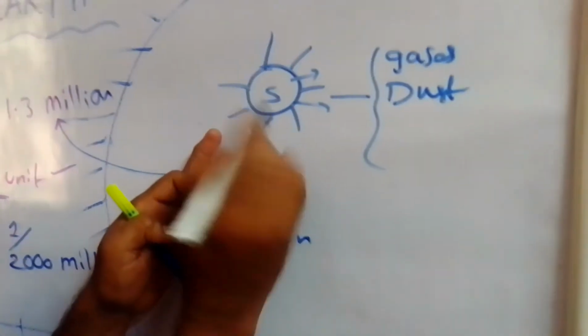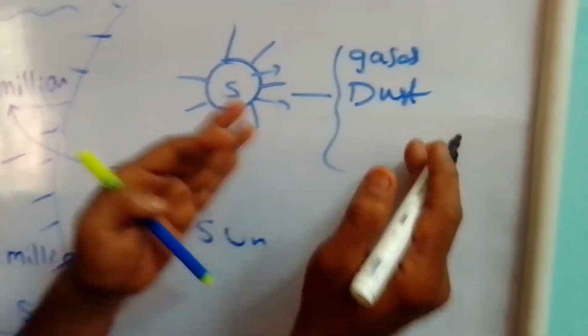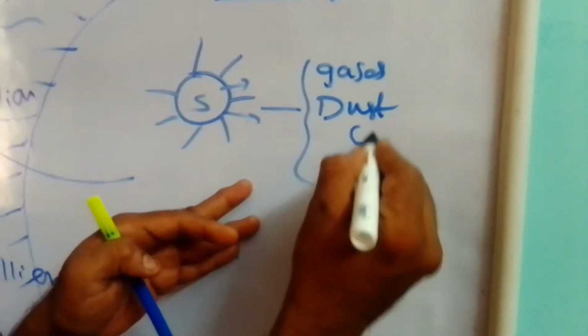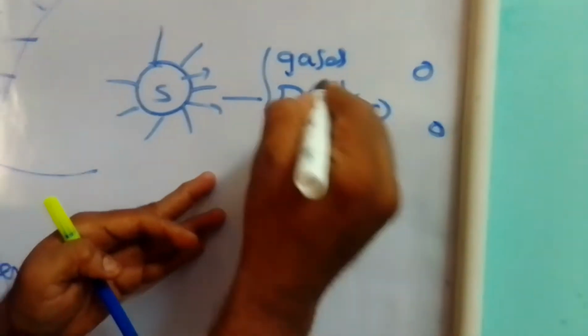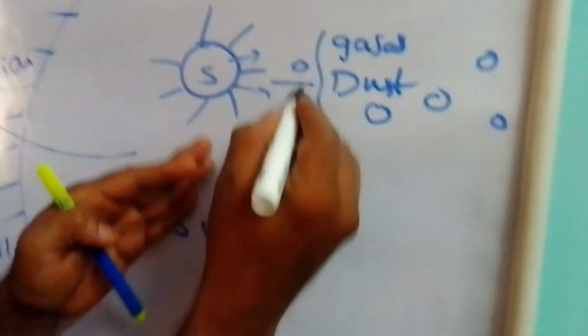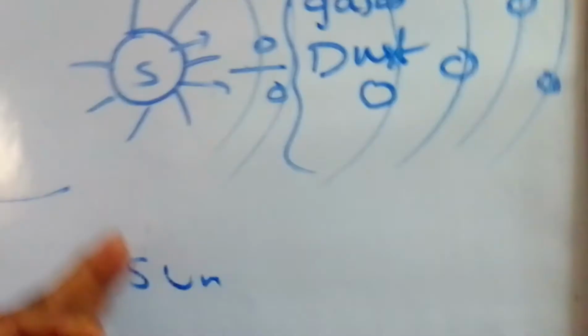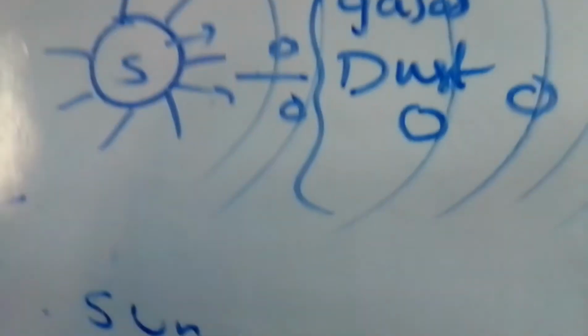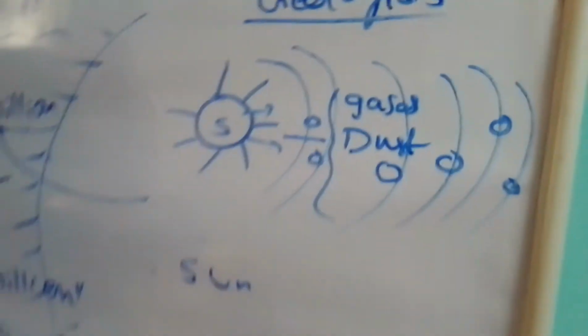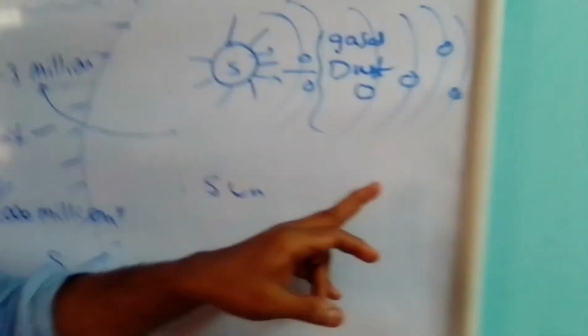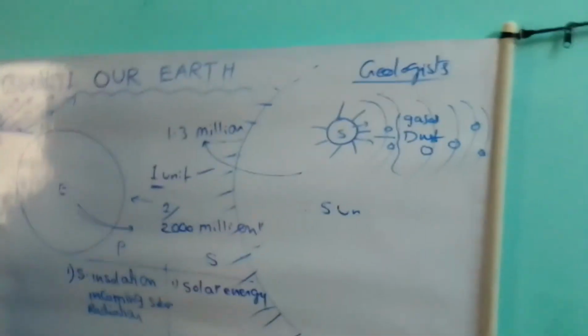These separated particles collectively formed a number of bodies, and now we call them planets. It means the present planets were once upon a time parts separated from the sun.